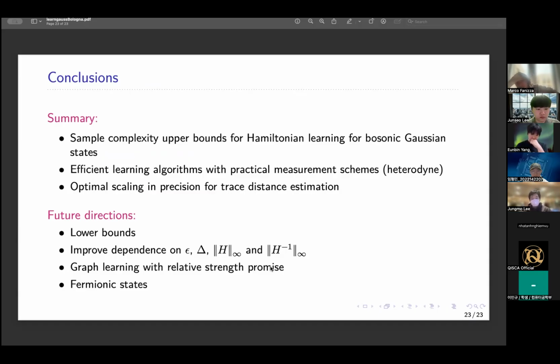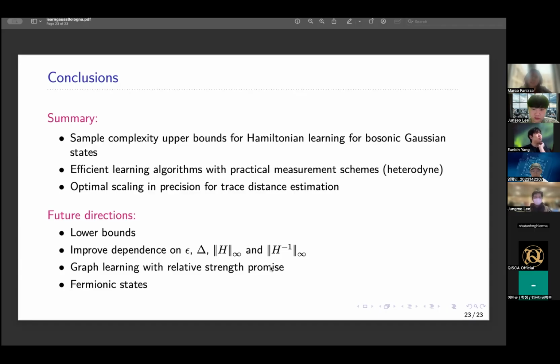And most interestingly, there are many important future directions to pursue, including lower bounds that use sparsity structure to get a specific answer to this problem of Hamiltonian learning.